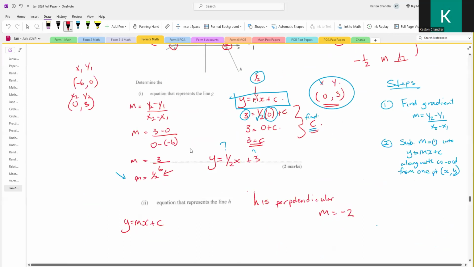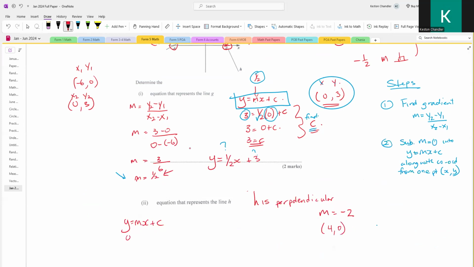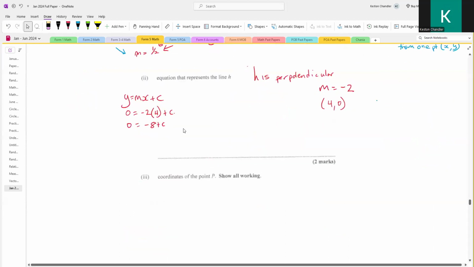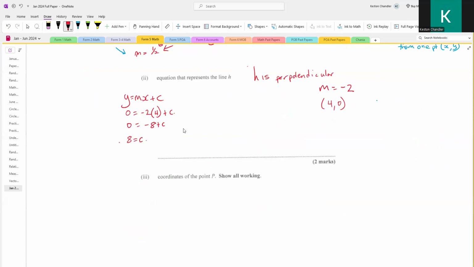If we substitute y to be 0, the gradient is -2, x is 4, you get -8. Right, we find for c. Carry the 8 across, it becomes positive. Now that we found c and we know what m is, the equation of the line is going to be y = -2x + 8.